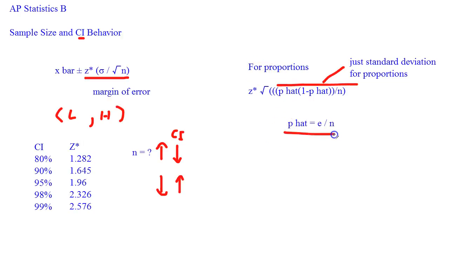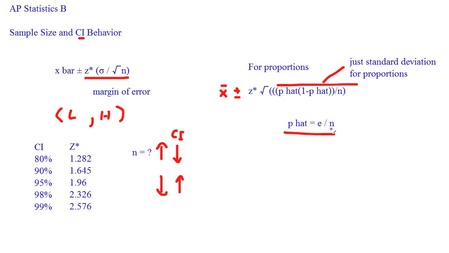Now, p-hat, I was going to talk about this last video, but had some kind of error with the problem. When you're finding the confidence interval for proportions, you would be using this. This is just the standard deviation for proportions. And for those of you that forgot, p-hat is the number of elements we have divided by the total number of elements.